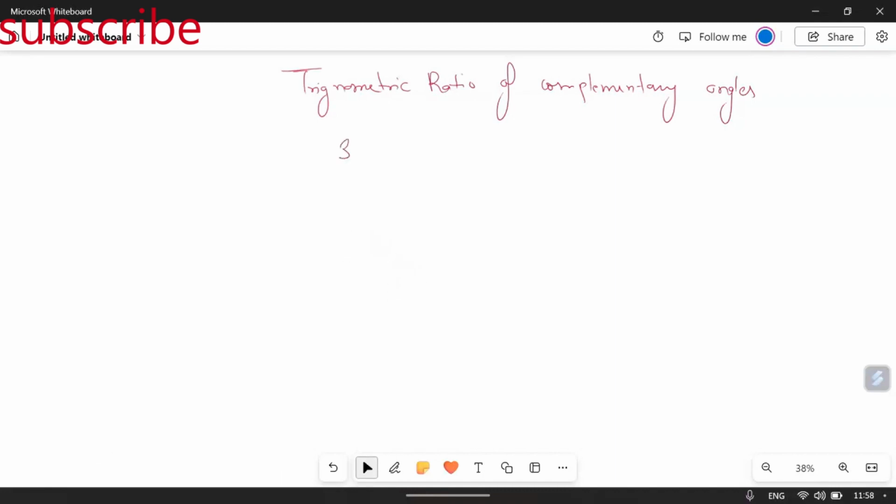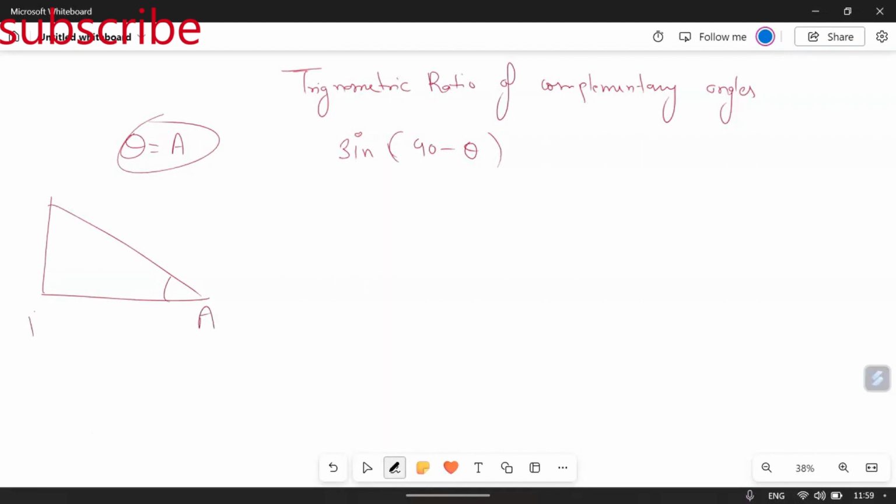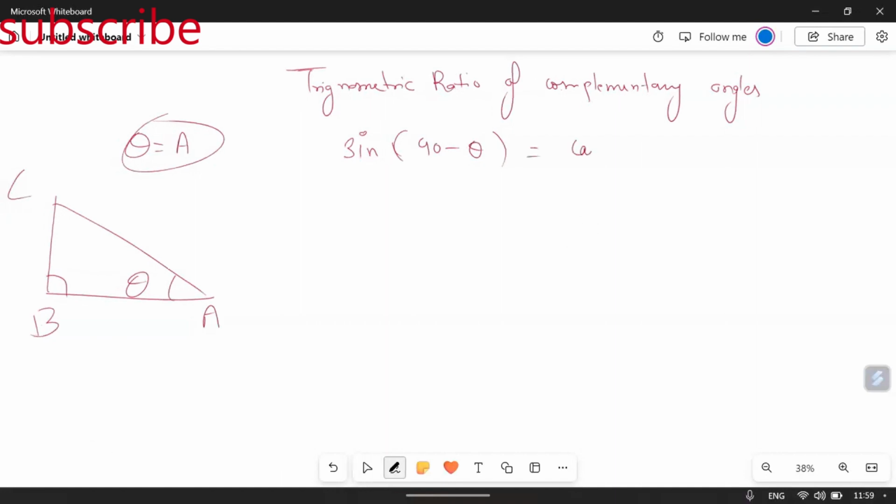Sine 90 minus theta. A or theta is equal. Theta is an angle, so it can be A. For example, if I am drawing the triangle, this is your A, B, C. So this can be called theta. That is always equal to cos theta. The second will be cos 90 minus theta is always equal to sin theta.